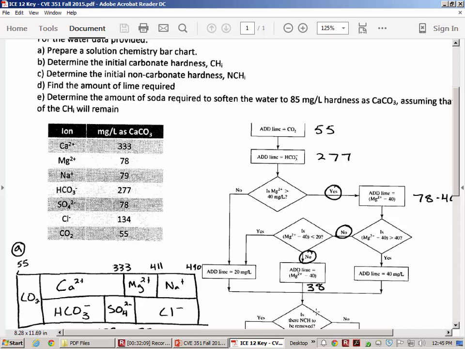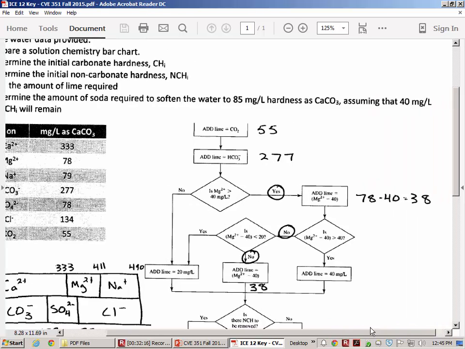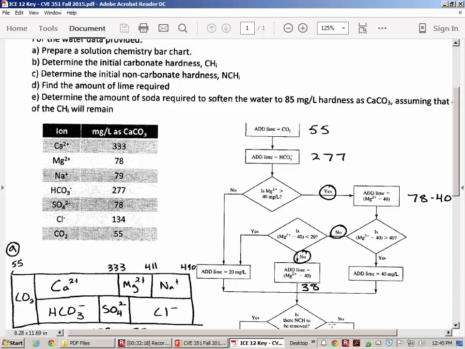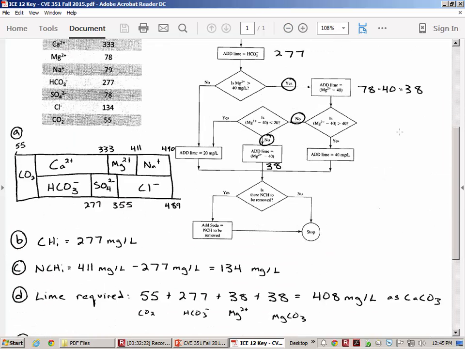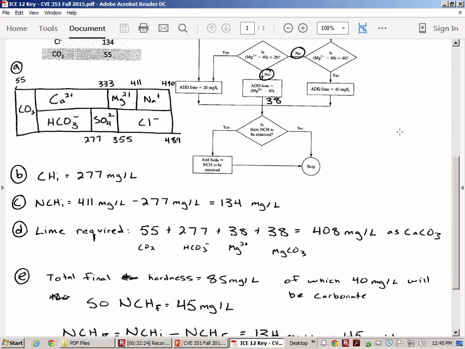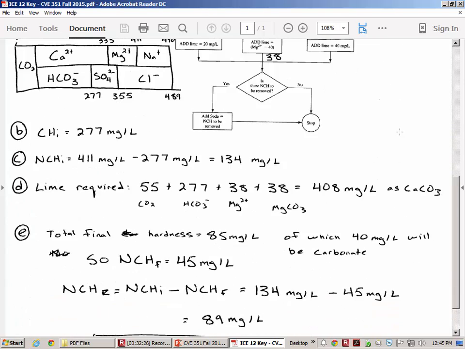In our in-class exercise, it says to assume that 40 milligrams per liter of the carbonate hardness is remaining because of incomplete mixing. So what we have to do is calculate our non-carbonate hardness, initial and final. We're going to go through it all together.